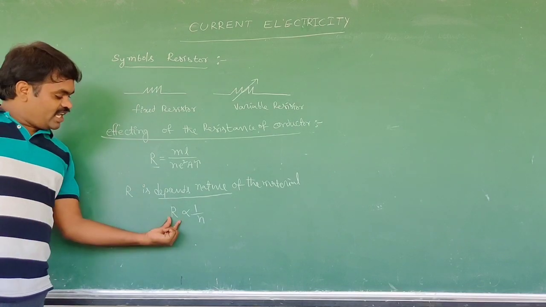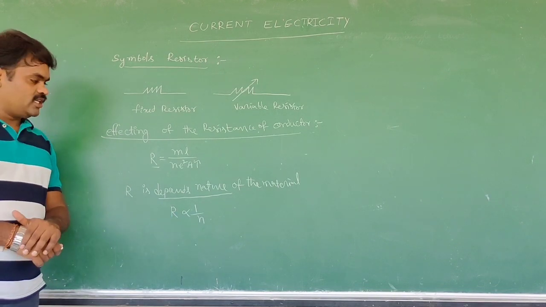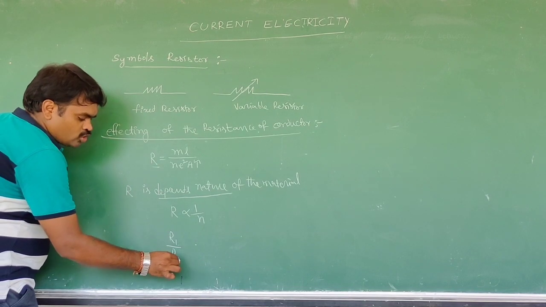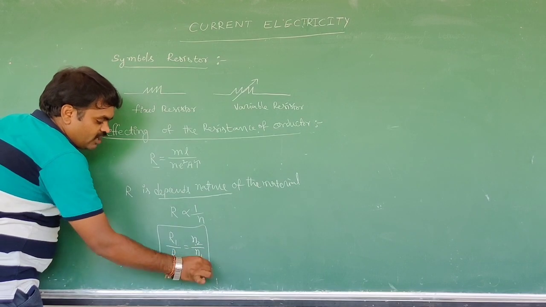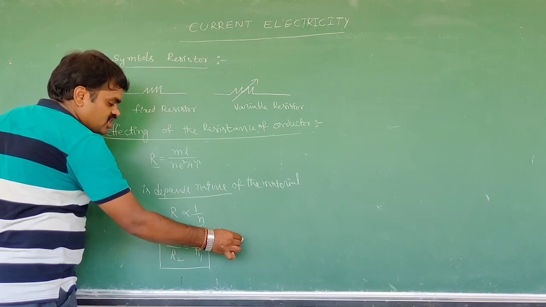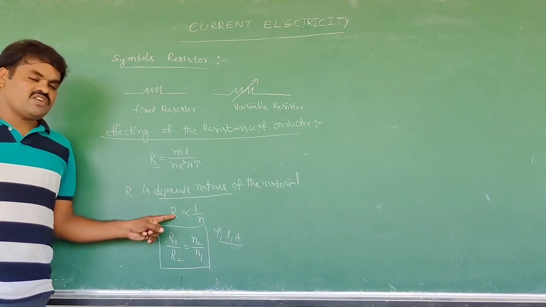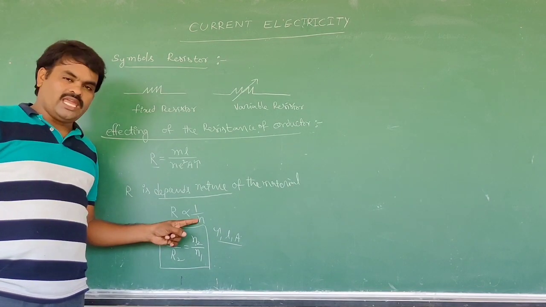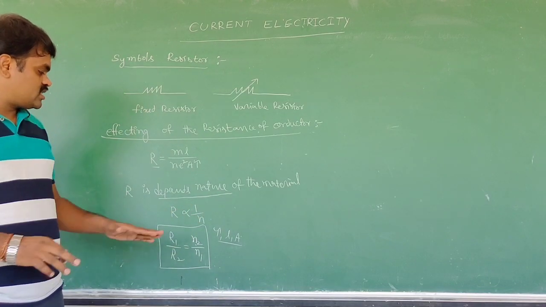That's why the electrical resistance depends on the nature of the material. We can write R1 by R2 is equal to N2 by N1 for a given temperature, with relaxation time, length and area of cross section constant.